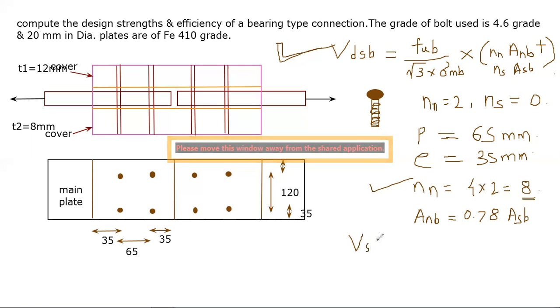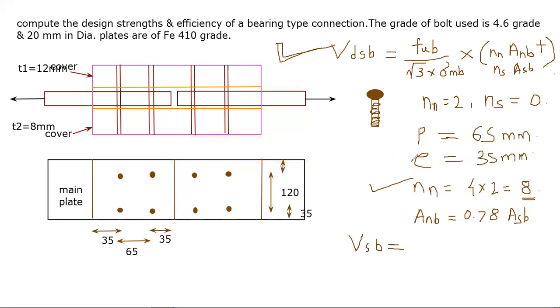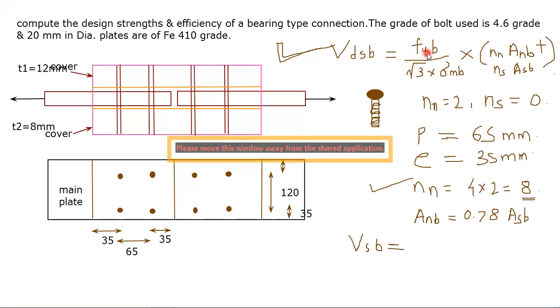If you put all the values, you will get the value of VDSB as FUB. What is FUB? FUB is your ultimate strength of the bolt. The ultimate strength of the bolt, for 4.6 grade, you have 400 MPa strength. That is Newton per mm square, MPa, megapascal, as per your table in the IS code.